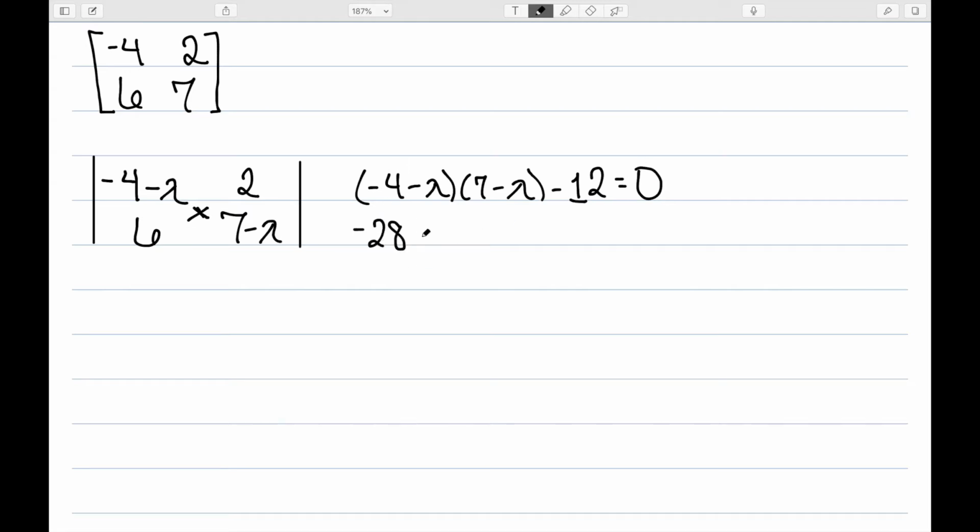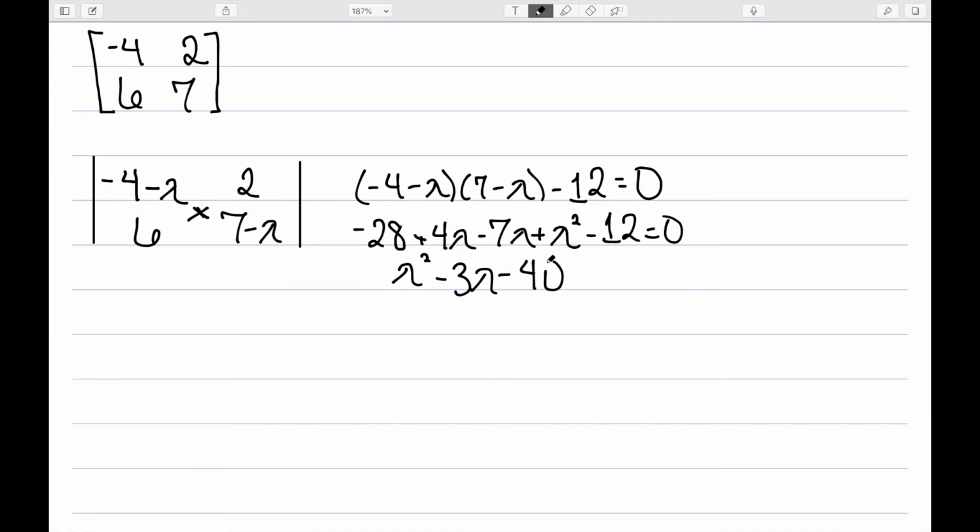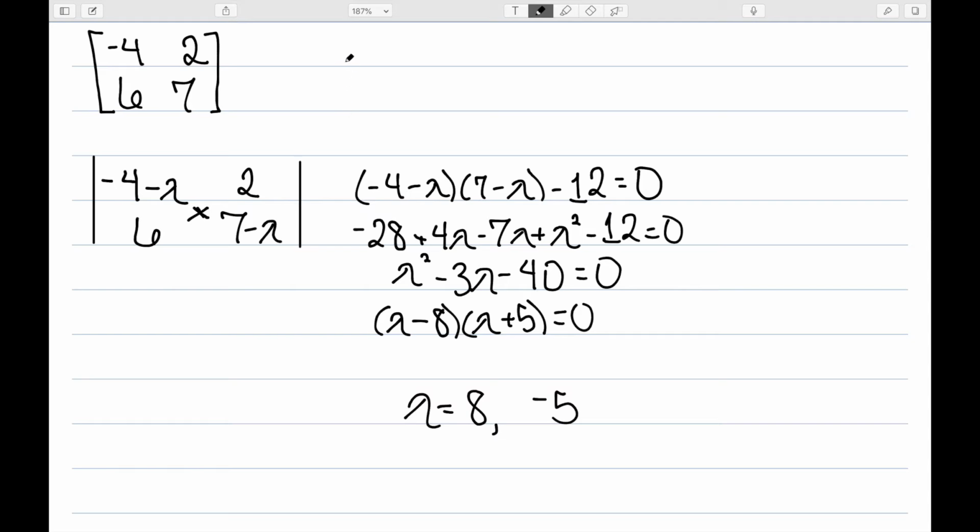This is -28 plus 4 lambda minus 7 lambda plus lambda squared minus 12. Rewriting, it is lambda squared minus 3 lambda minus 40 equal to 0. This factors into (lambda minus 8)(lambda plus 5). So my eigenvalues are 8 and -5. So I'm going to write this up here. We have lambda equal to 8 and lambda equal to -5.